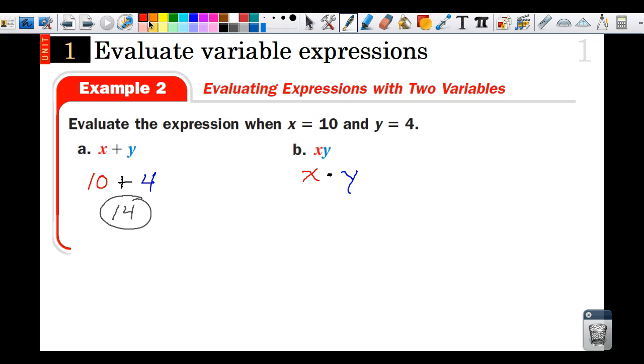Instead, I will just write xy, but I need to evaluate, which means to replace the variable with the value of a number. So 10 is x, 4 is y, and it asks me to multiply them. 10 times 4, of course, is 40. Now I've evaluated the expression x times y when x is 10 and y is 4.